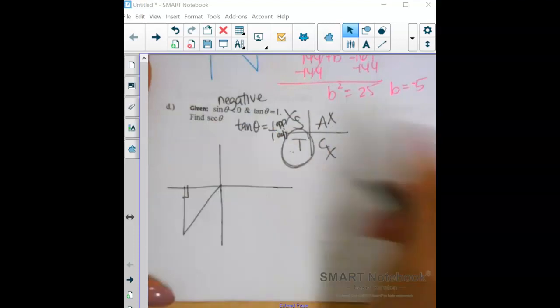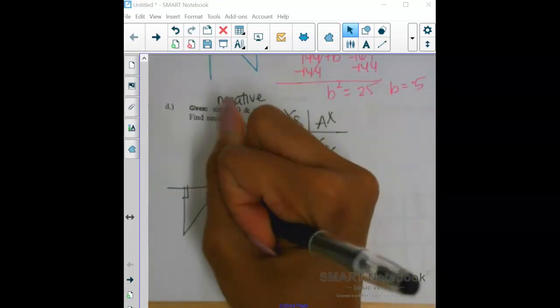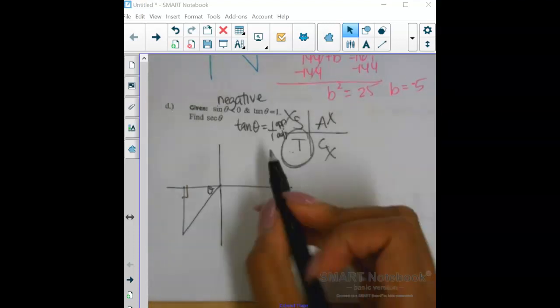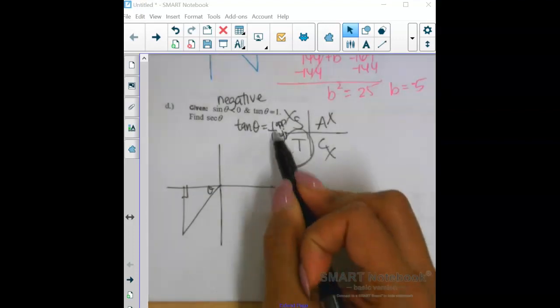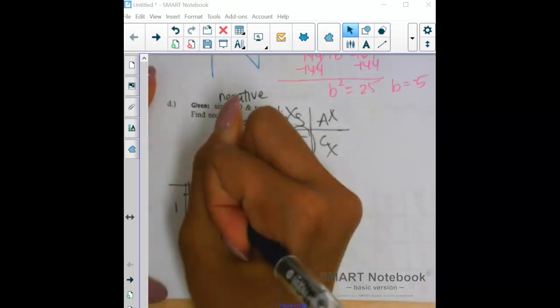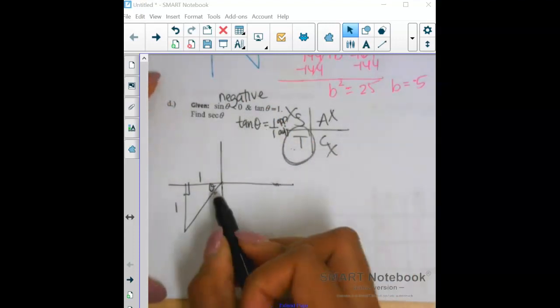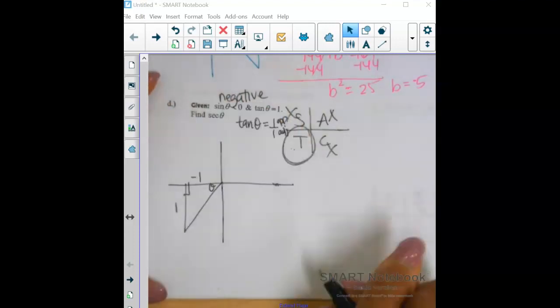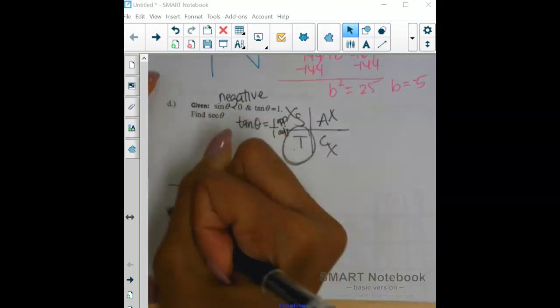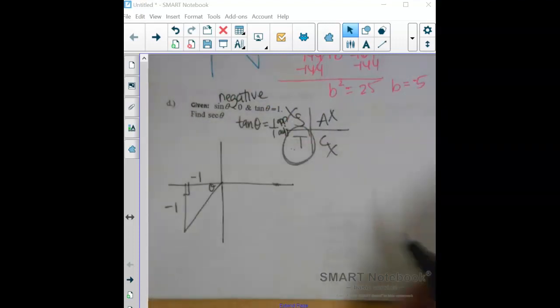This is in quadrant 3. Here's my theta. Here's my triangle. Let me put this as 1, 1. And keep in mind, as you go to the left, your answers will be negative. As you go down, your answers will be negative. So what we need to find is the hypotenuse.